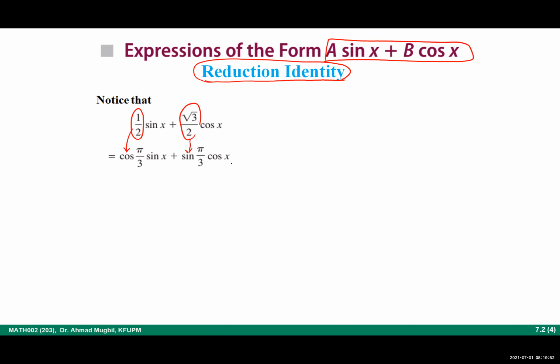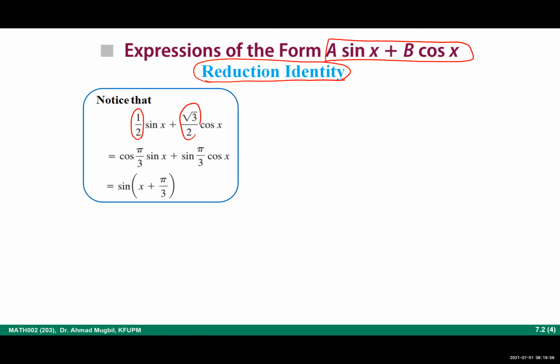So according to the addition formula, this will be sine x plus pi over 3. Do you remember the addition formula for sine? It is sine alpha cosine beta plus sine beta cosine alpha. This is exactly what we have.